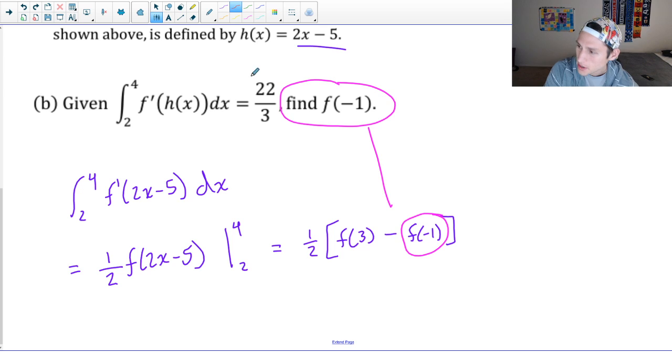The even better part is that I already know what this integral equals. This integral equals 22/3. So now I have an equation that I can use to solve for f of -1.